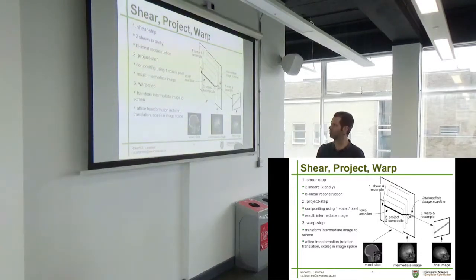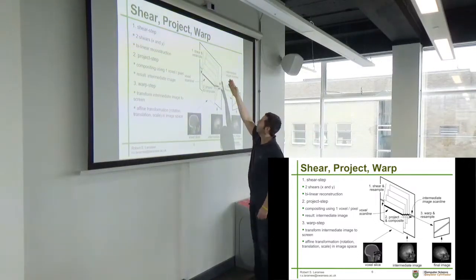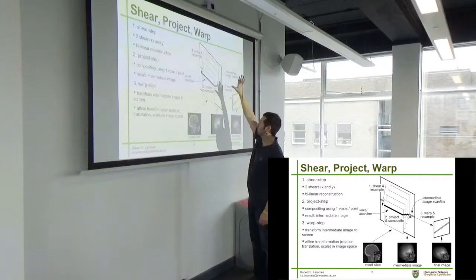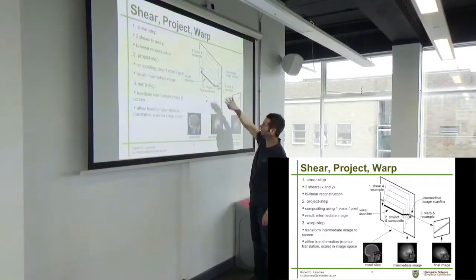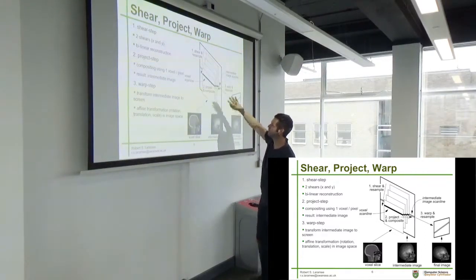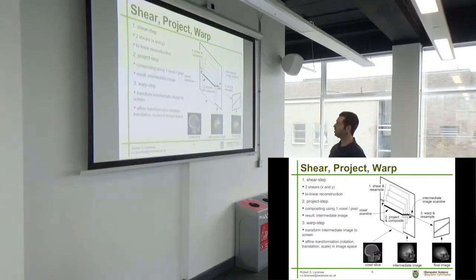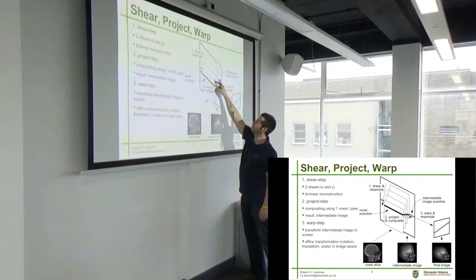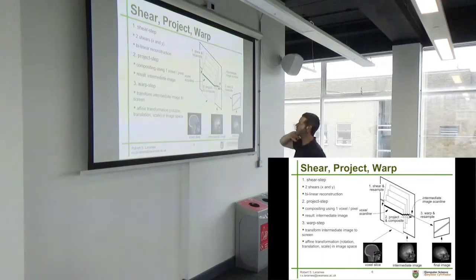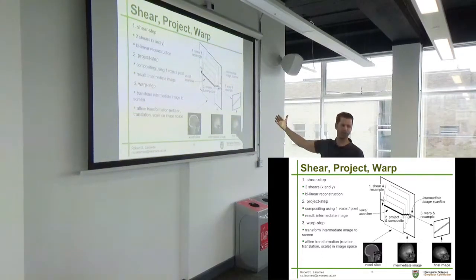So there's a shear step in X and Y, along the X direction and along the Y direction, but not along the depth. Then there's a bilinear interpolation in the slices. Then there's a projection step from 3D to 2D.